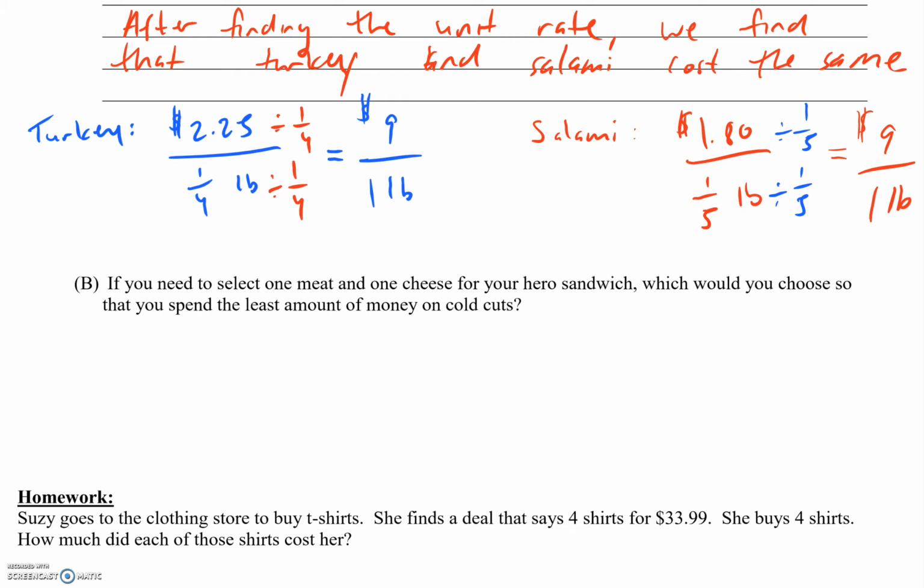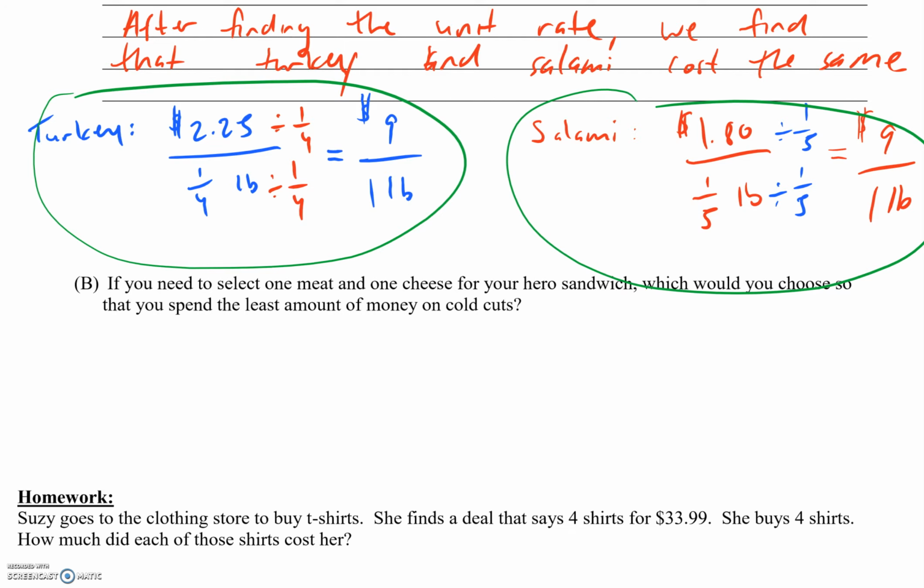Alright, so we already found the unit rate for turkey, and we already found it for salami. What's left to do is ham, American cheese, and Swiss.